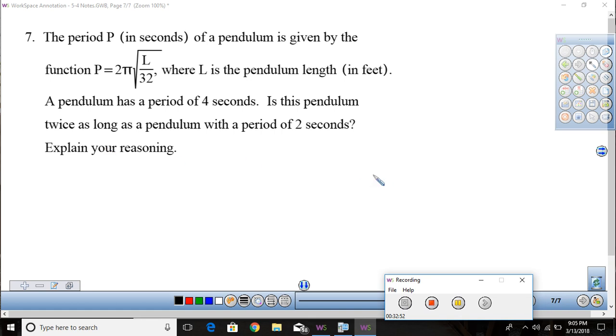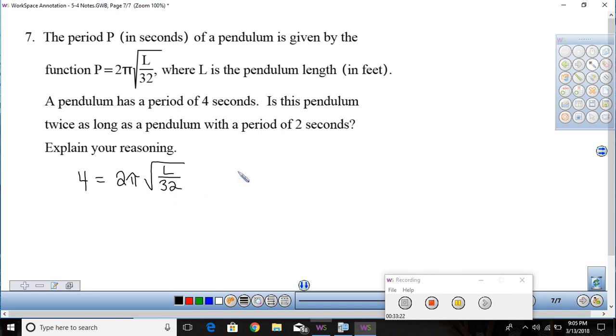So let's figure out how long the length is for a pendulum that has a period of 4 seconds. So I would plug the 4 in for P. So I've got 4 is equal to 2 pi times the square root of L divided by 32.